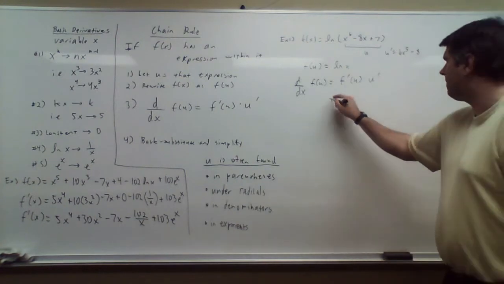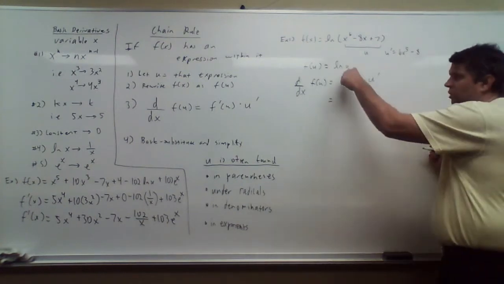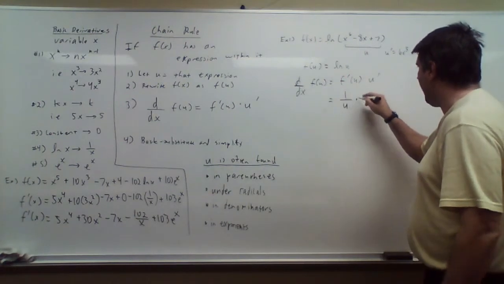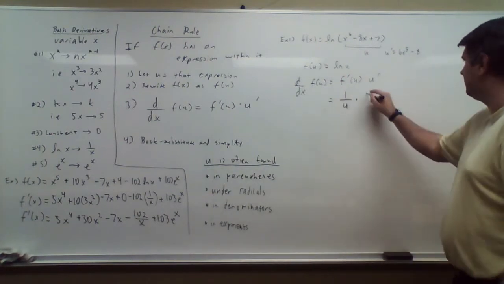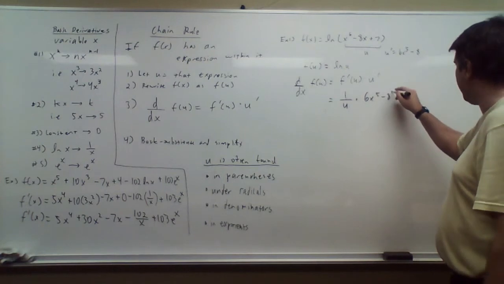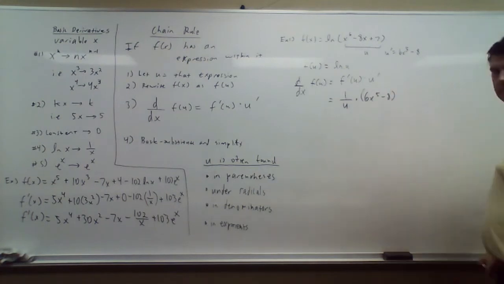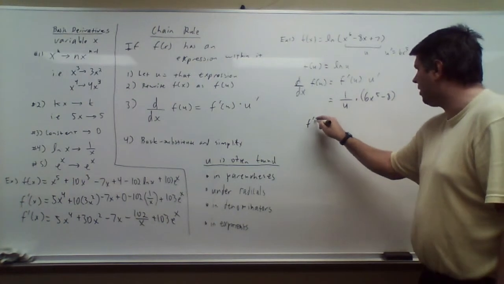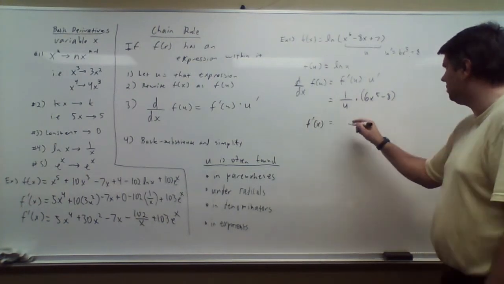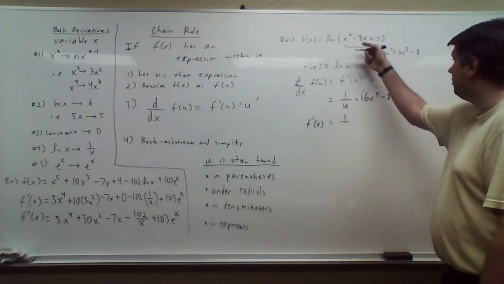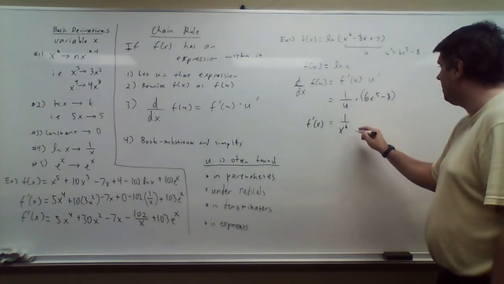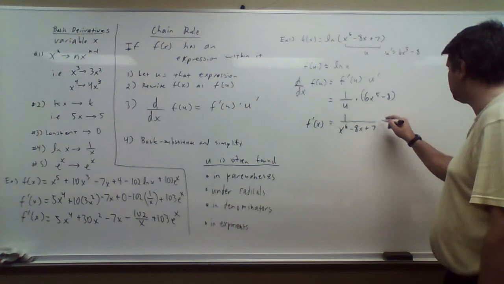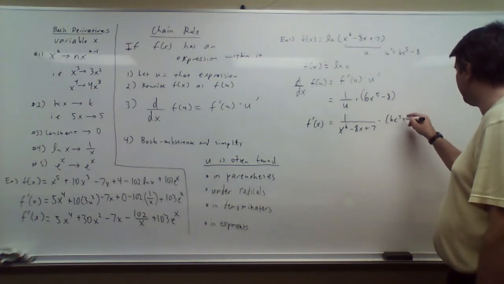The derivative of the natural log is 1 over the variable. So 1 over u, and u prime is 6x to the 5th minus 8 in parentheses. Okay, I will back substitute. f prime of x is 1 over x to the 6th minus 8x plus 7 times 6x to the 5th minus 8.